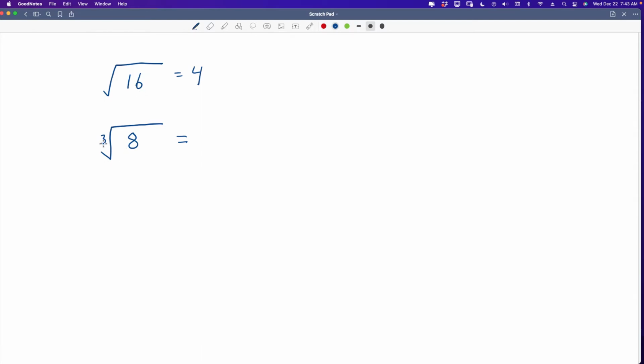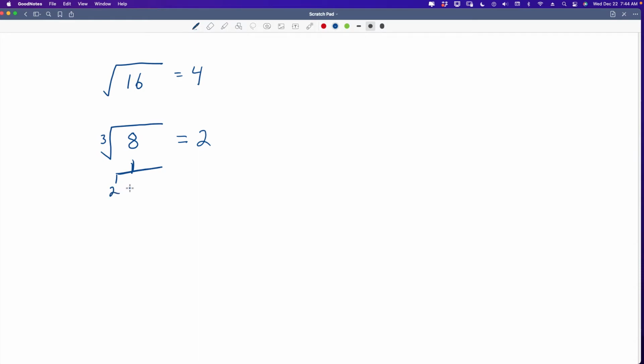When you have another number written here, this is giving you what it wants. This says, what number times itself 3 times gives me 8? And the answer is 2. Because you can do a factor tree here. I don't know why I said root tree.